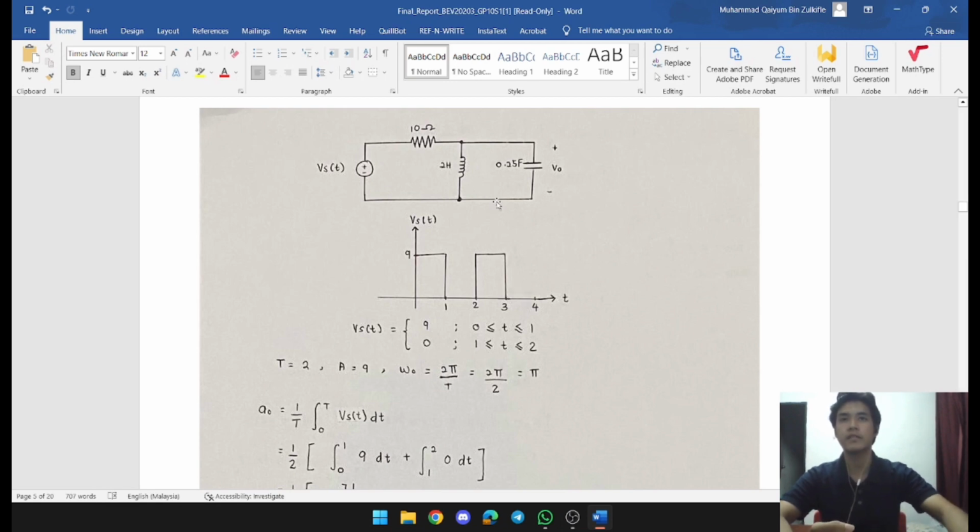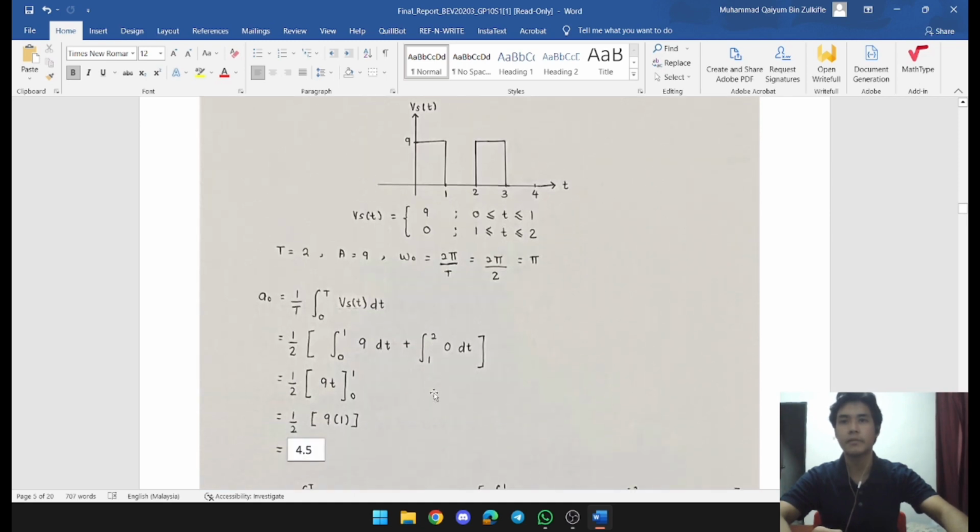As you can see, this is our circuit for this group assignment, and this is our non-sinusoidal waveform. From this circuit, we gain T, which is 2, A, which is 9, and omega naught is 2 pi over T, which then gives us the value of pi.